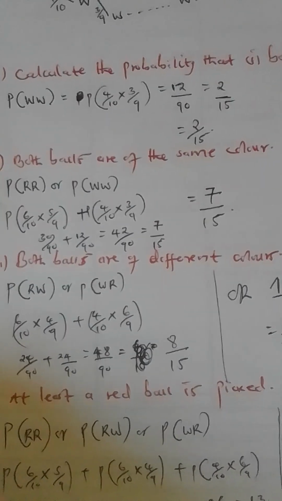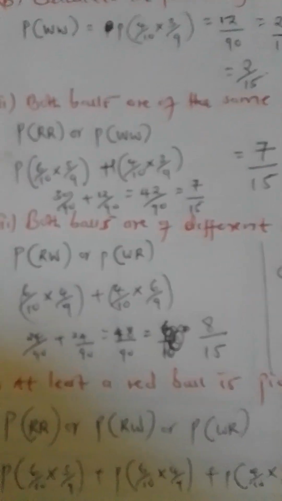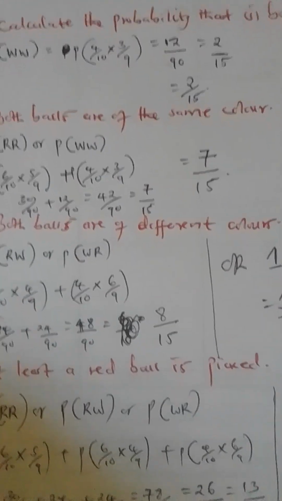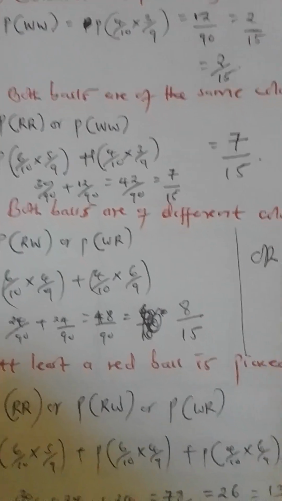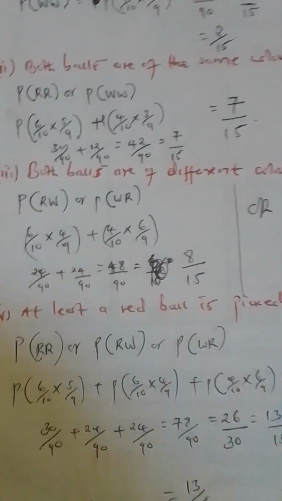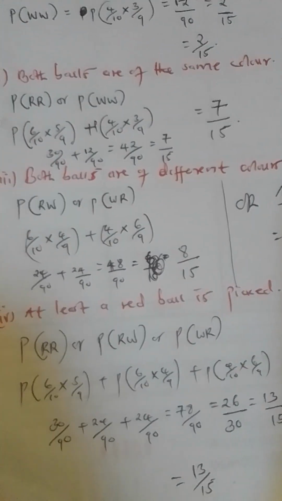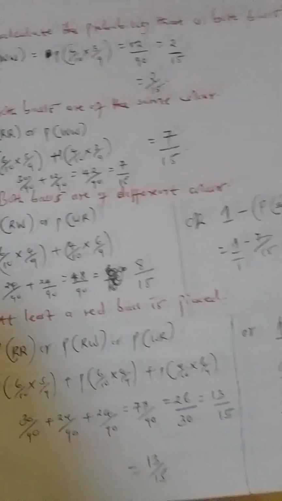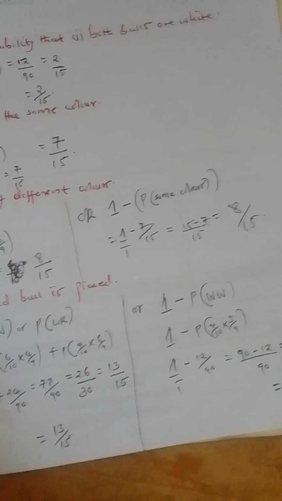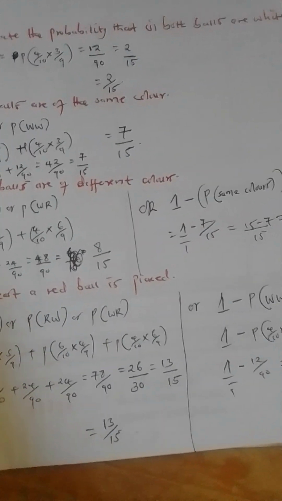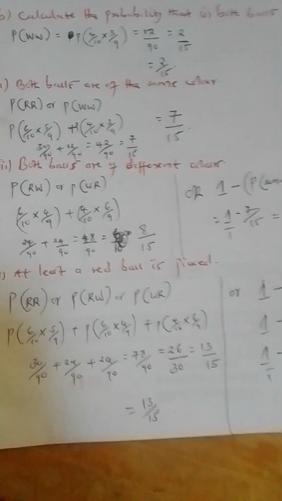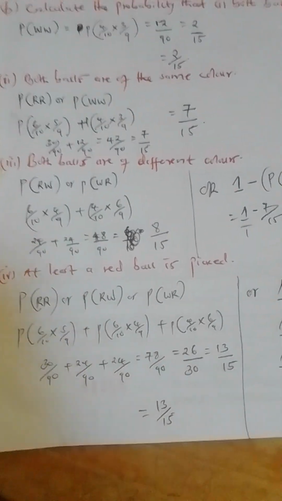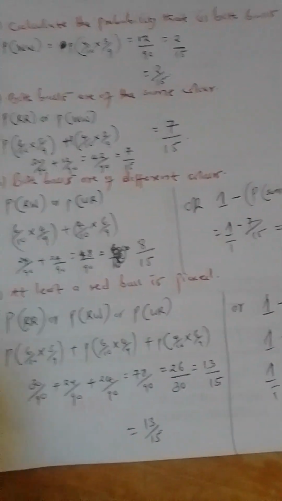And that is equivalent to 24 over 90 plus 24 over 90, which is 48 over 90, divided by 6, that is 8 over 15. Therefore, you can see that both probabilities are the same, 8 over 15. So you can choose either method you feel is good for you.